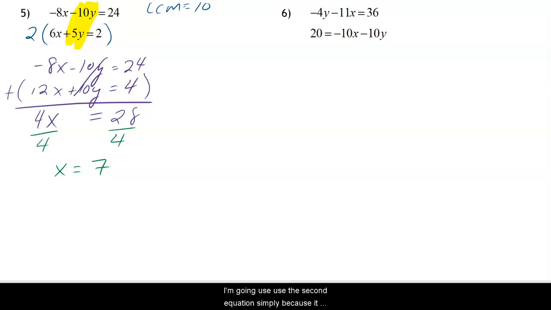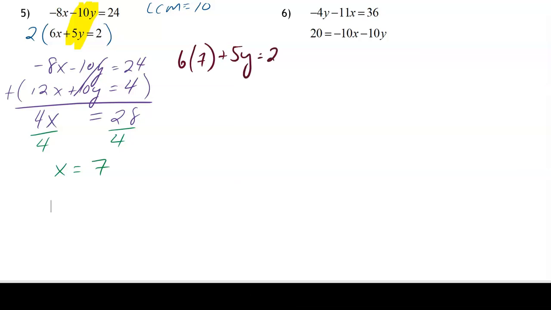I'm going to use the second equation simply because it has less negatives in it. So that would be 6x, and instead of x, we're going to do 6 times 7 plus 5y equals 2. So 42 plus 5y equals 2.